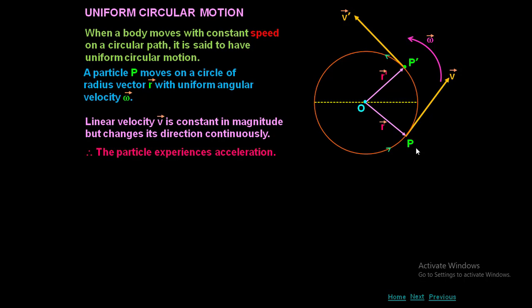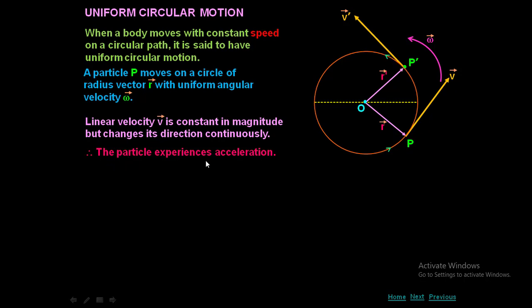Speed means magnitude of velocity. So as the speed remains constant, the magnitude of velocity is constant but the direction changes continuously, because you can see that at P the direction of velocity is along this direction, at P dash it is along this direction.